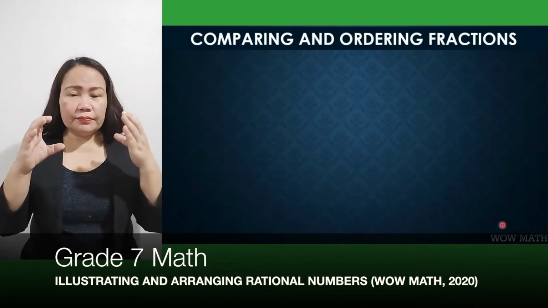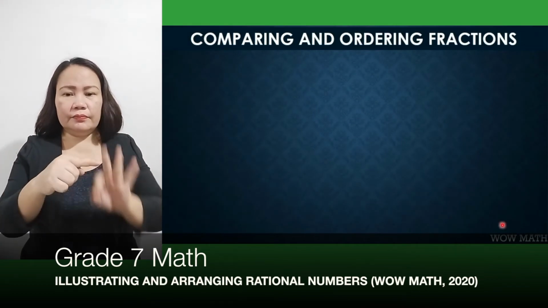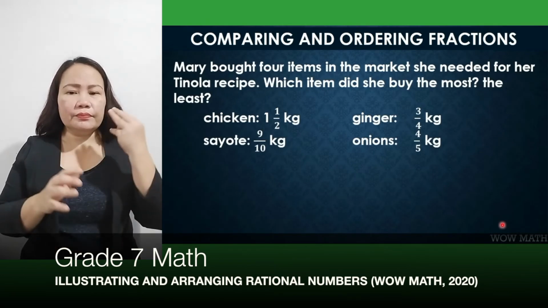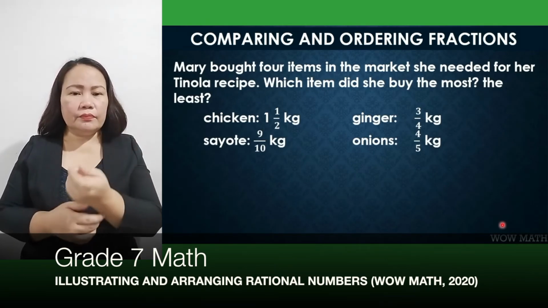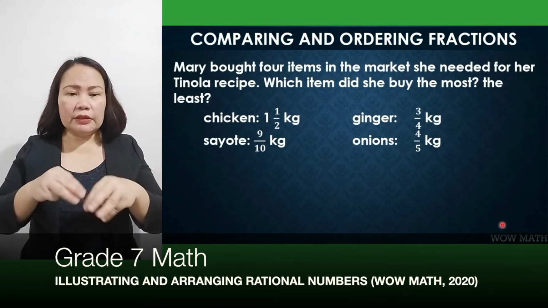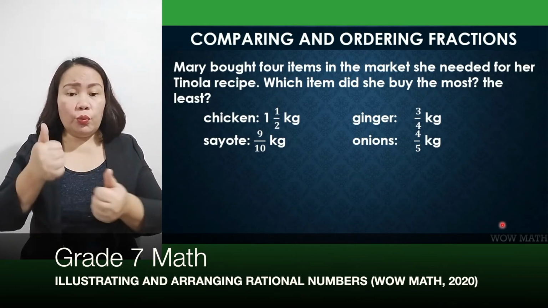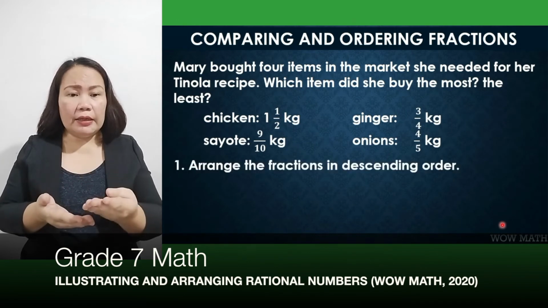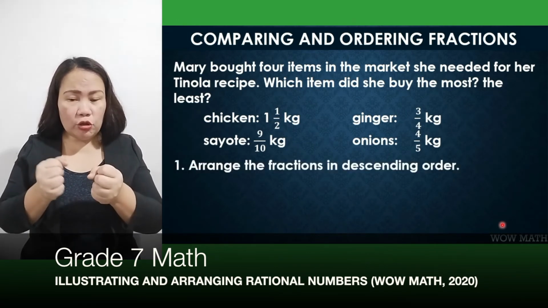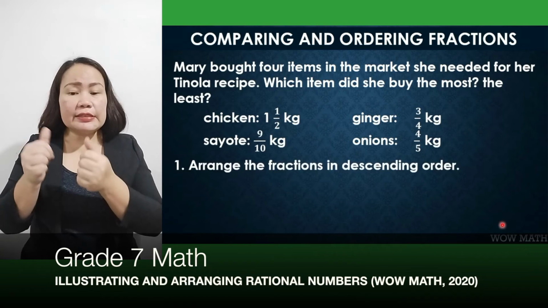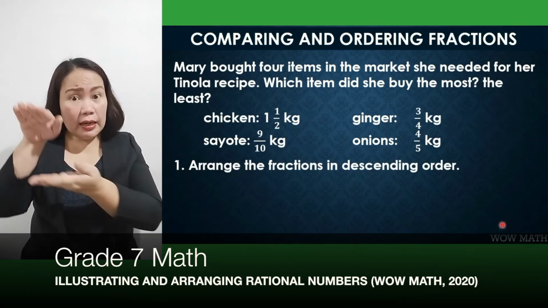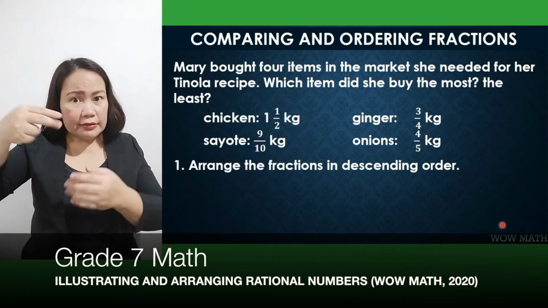Now, let's have the comparing and ordering of fractions. Mary bought 4 items in the market she needed for her tinola recipe. Which item did she buy the most and the least? So, first step is arrange the fractions in descending order. When we say descending, from highest to lowest. So, magsisimula ka sa mataas, pababa.